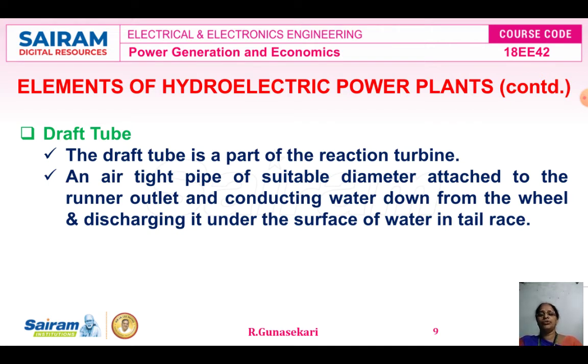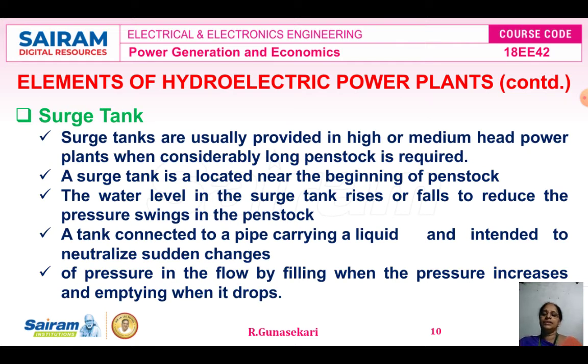In this video, just know about the draft tube only. It is an airtight pipe of suitable diameter attached to the runner outlet of the turbine, conducting water down from the wheel and discharging it under the surface of the water in the tail race.